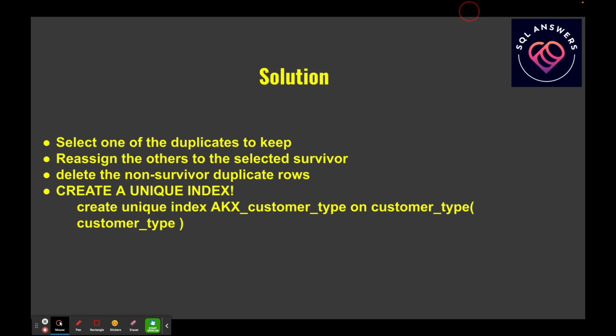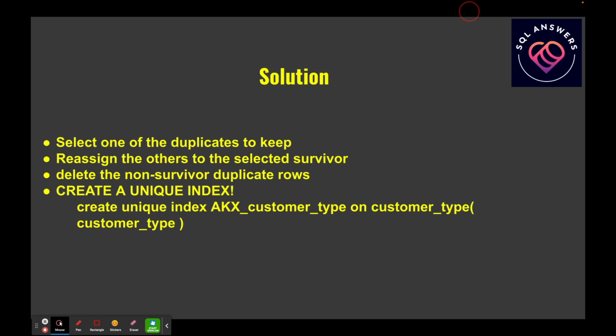This could be millions of rows, and you could have 20, 30, hundreds of tables in your database that have this reference that need to be reassigned. So this could be a very long operation. You might even need to take an outage to perform this sort of data surgery. And then after you're done with that, you need to delete the non-survivor duplicate rows.